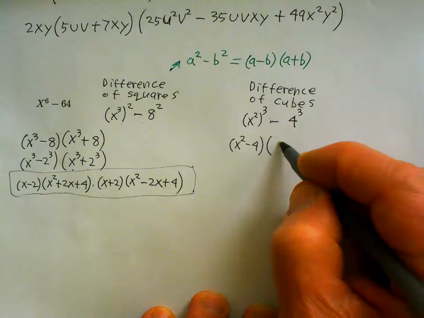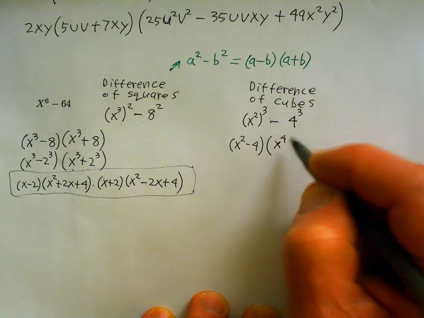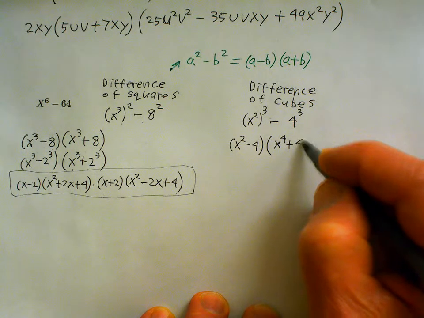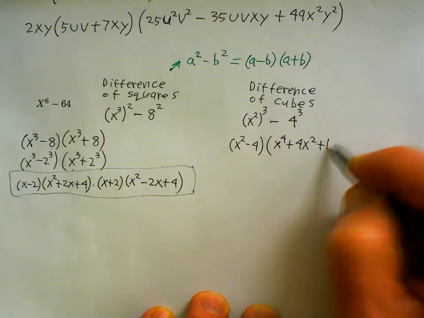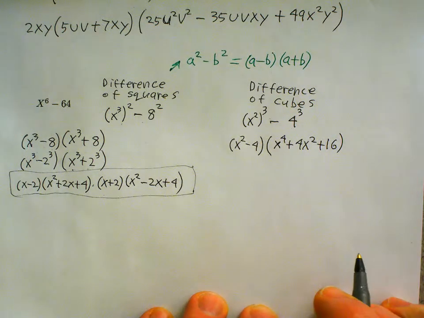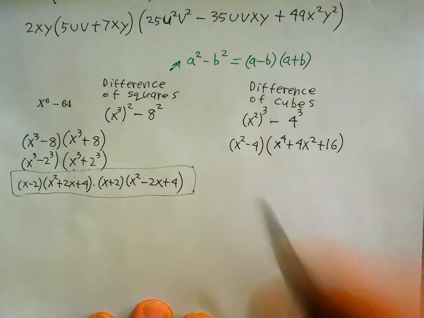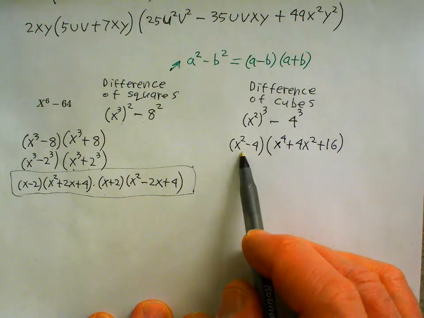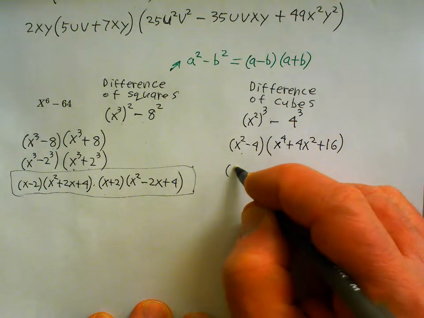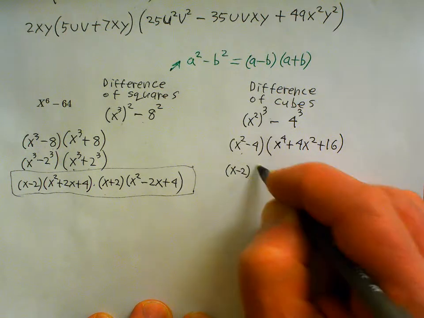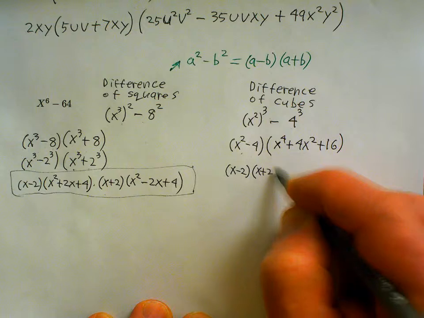And then we have x to the fourth plus 4x to the second plus 16. And then x to the second minus 4 is a difference of squares. So that is x minus 2 times x plus 2.